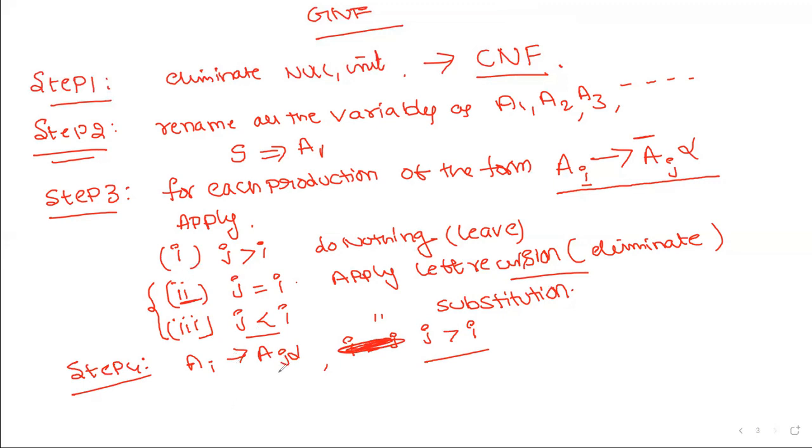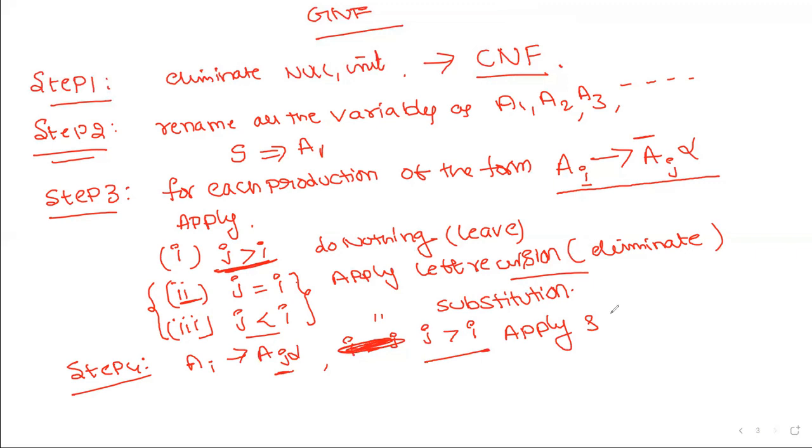Remember, in the first iteration, we do not apply j greater than i. First, we consider the productions j equal to i and j less than i. After completion of all of those, we move to the productions whose j value is greater than i.